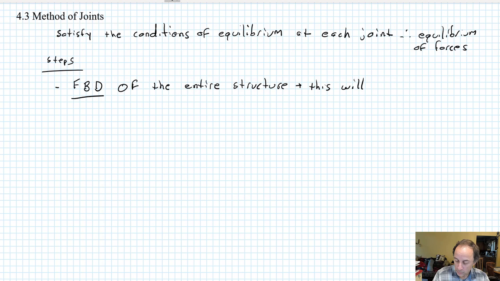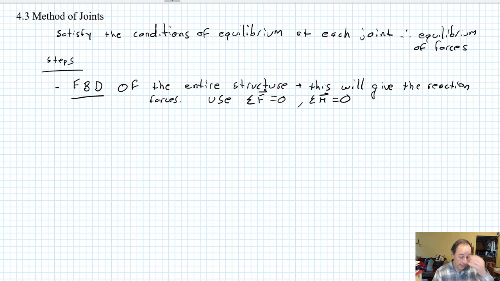This will give the reaction forces at the supports. Use the usual tools, sum of the forces equals 0, sum of the moments equals 0.